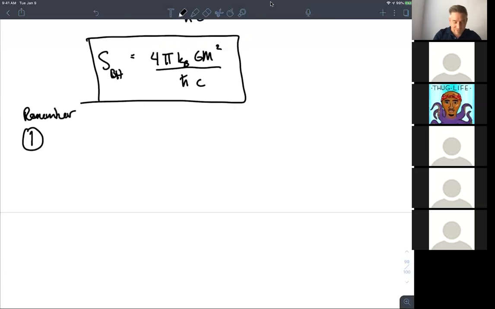The surface area of a black hole is equal to 4 pi times the square of the Schwarzschild radius. And then you go back to the very beginning of the notes and remember that we had an expression for the Schwarzschild radius. And so what we can do is absorb some of these constants in our expression for the entropy into the Schwarzschild radius.